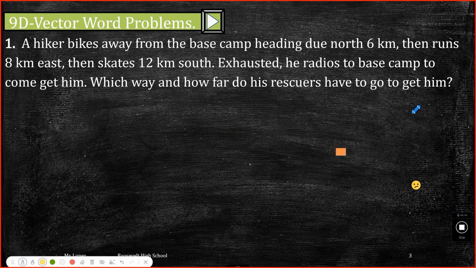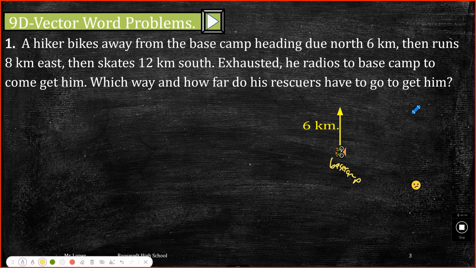So I got these little emojis. Base camp is right here. And then he's going to head north 6 kilometers. Due north. Let's just say that he goes in straight lines for some reason.